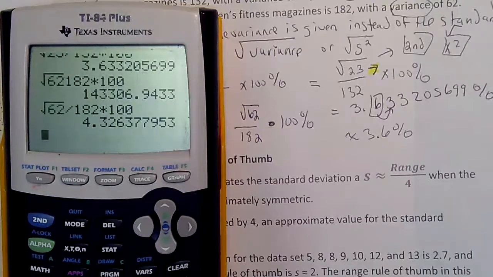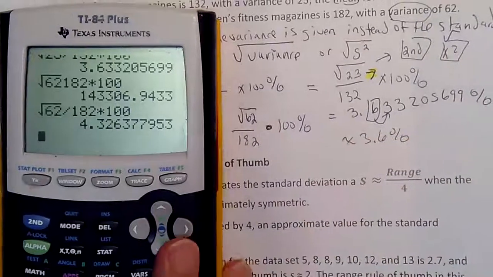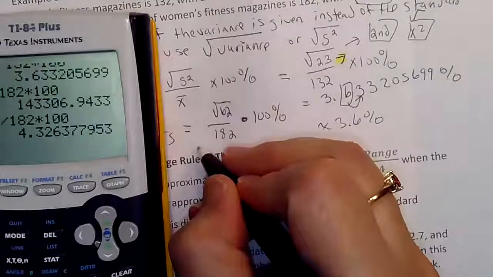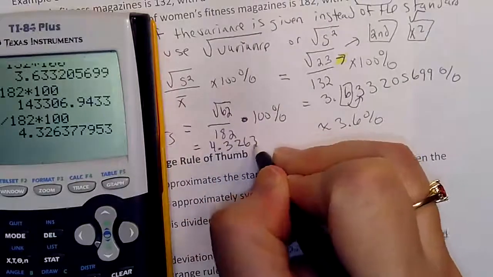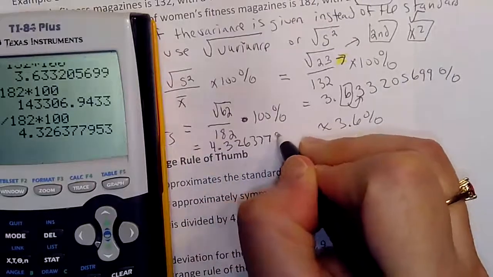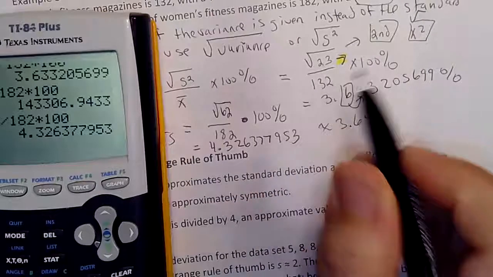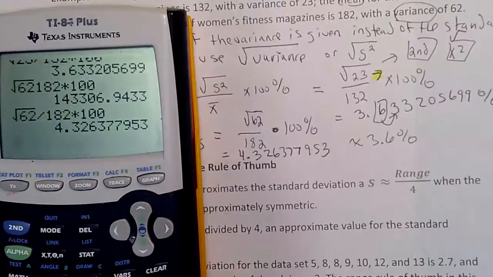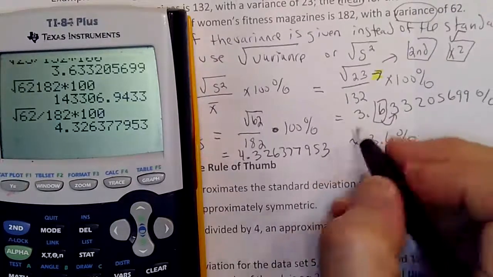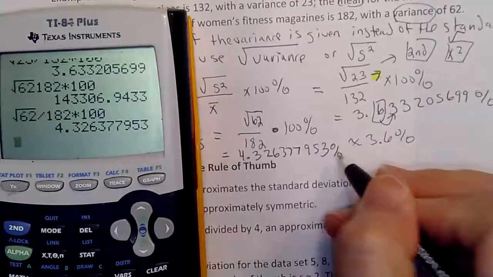And we get a 4 point something, so 4.3. And remember, this is a percentage.